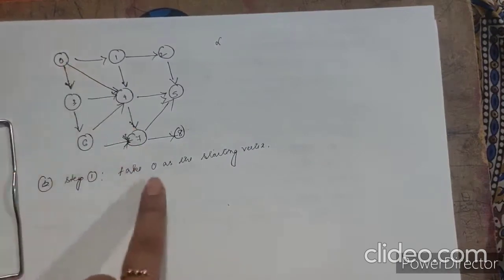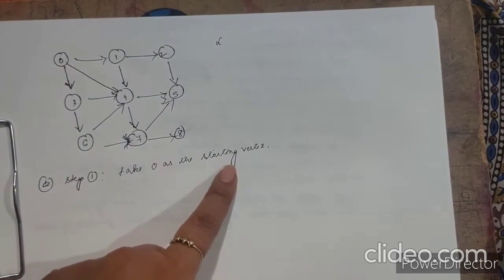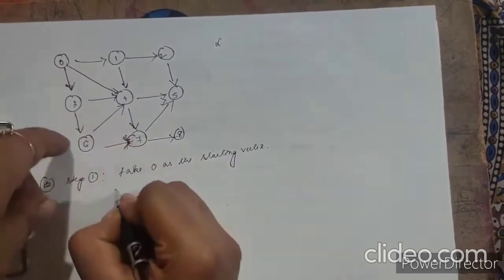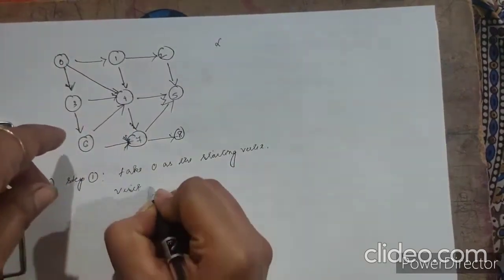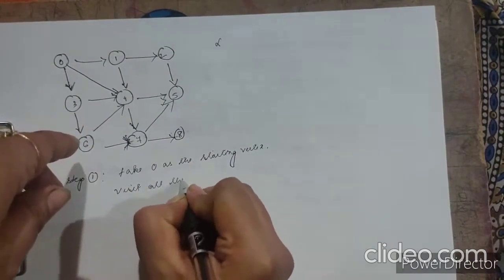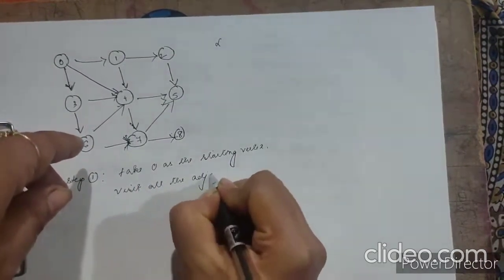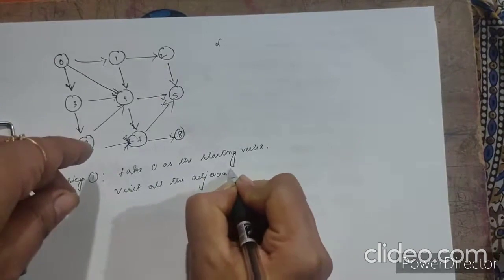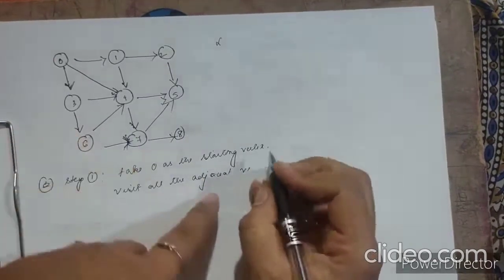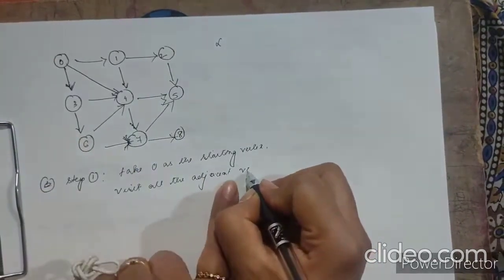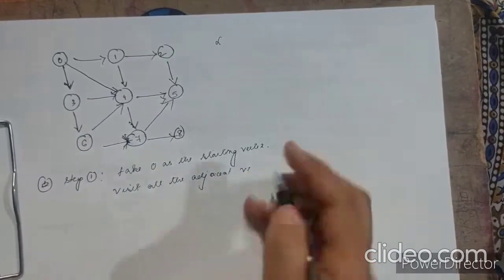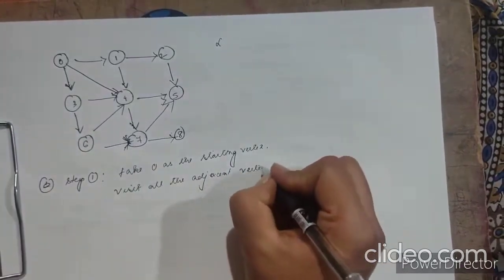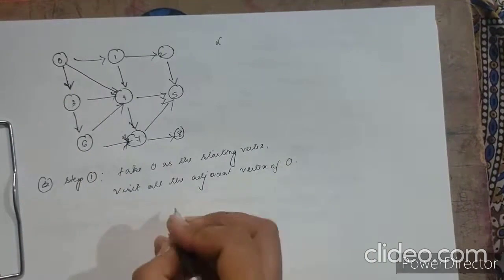So take 0 as the starting vertex, and then visit all the adjacent vertices of 0. What are they?